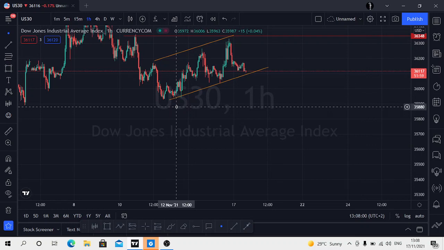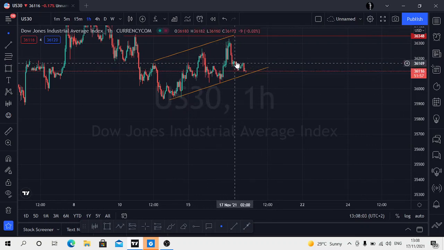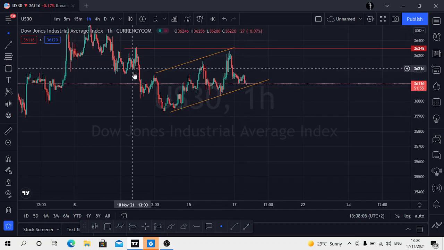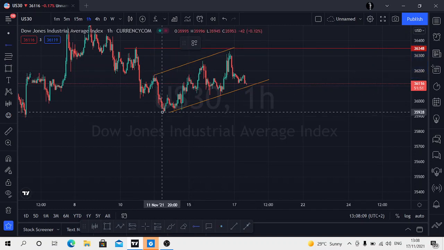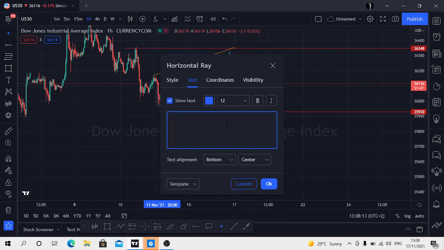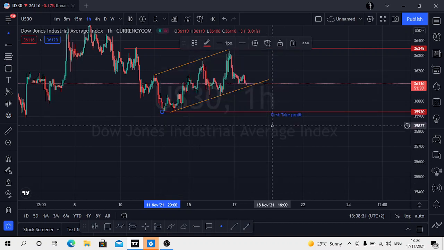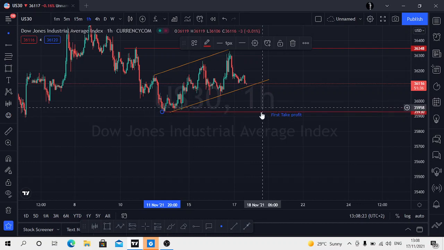Let us look at more research right here. This is good stuff, guys. Let's note this particular level right here. This is going to be our first take profit, which many of the people out there will call our 90% rule, where price will come here, and the possibility is that price would want to look for a rejection.